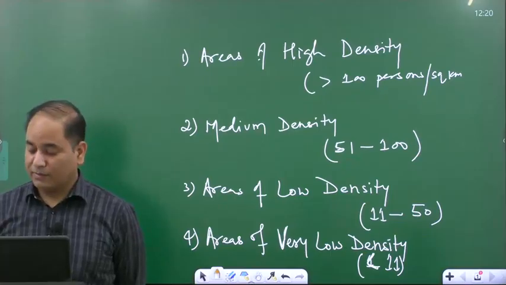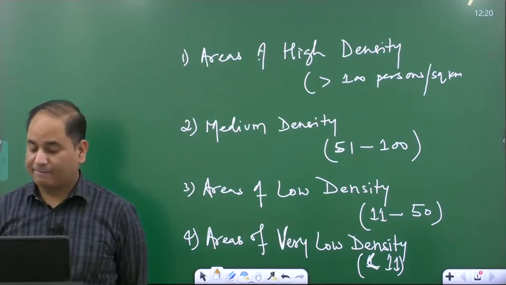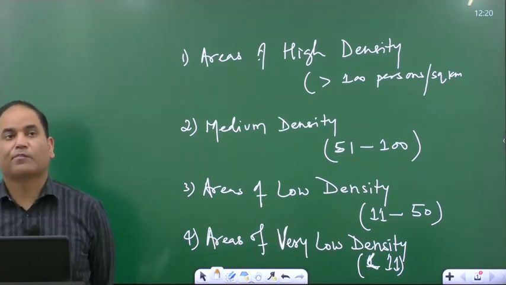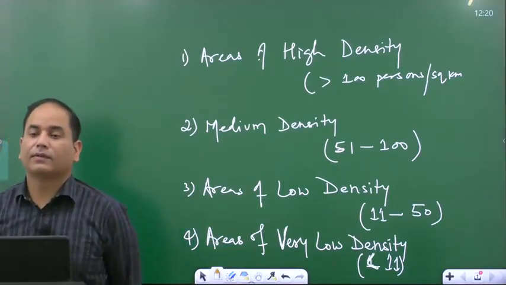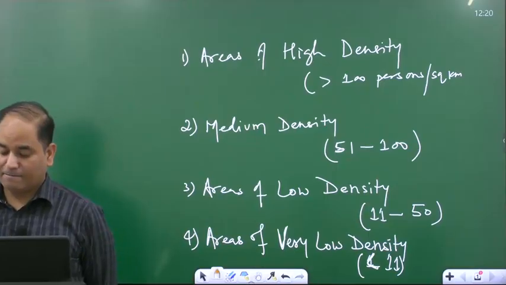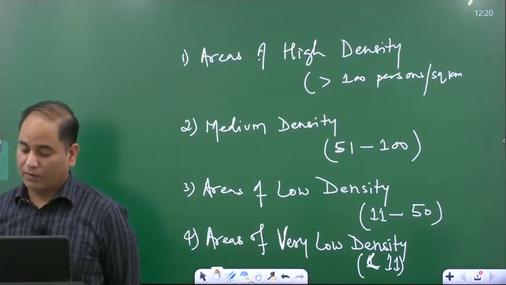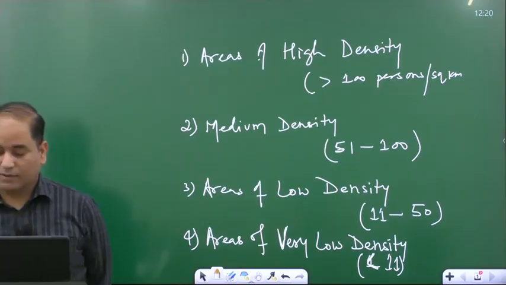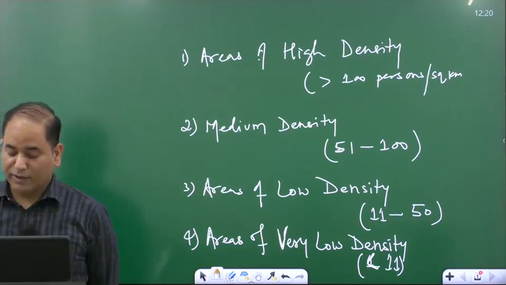Here we have Netherlands 406, Germany 226, UK 266, Italy 204.